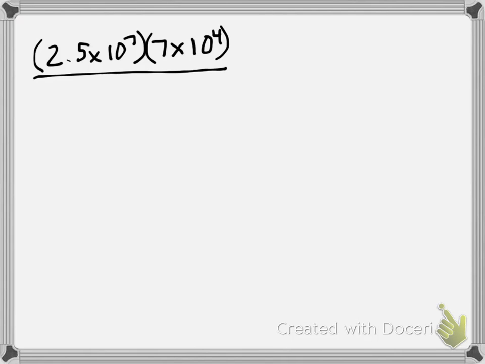So let's put them together into one problem. 2.5 times 10 to the 7th, multiplied by 7 times 10 to the 4th power, divided by 2 times 10 to the negative 6th. Not as bad as you think.